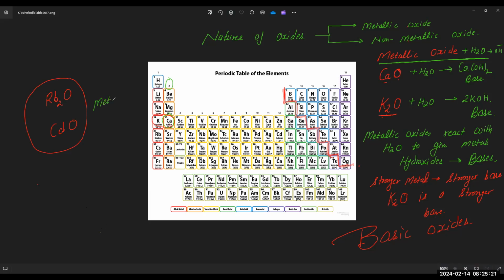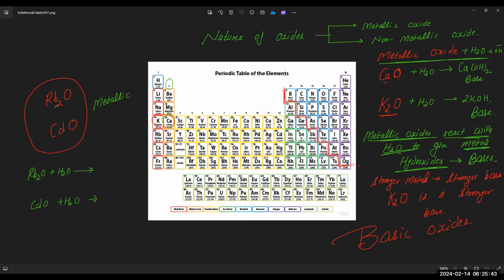Very good. So can you put this rubidium oxide in water? Can you complete the equation? Cadmium oxide in water. Complete the equation. You already know. I've given you metallic oxides react with water to give metal hydroxides.